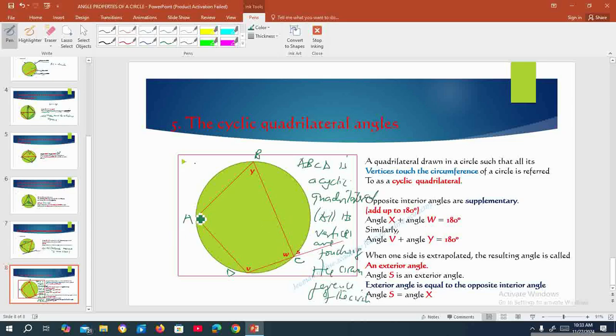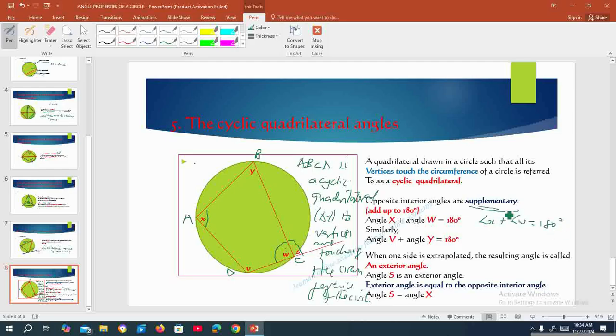All these angles are called interior angles. X, Y, V, and W are interior angles, while angle S is going to be an exterior angle. So angles X and W are called opposite interior angles. This angle is opposite to this one, and they are going to be supplementary. That means angle X plus angle W will give you 180 degrees.